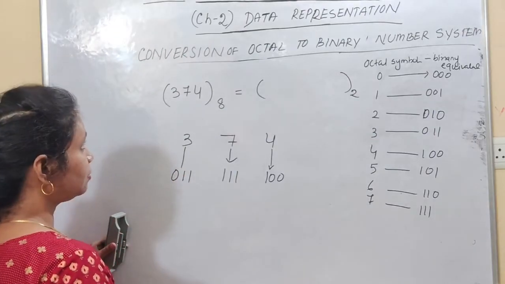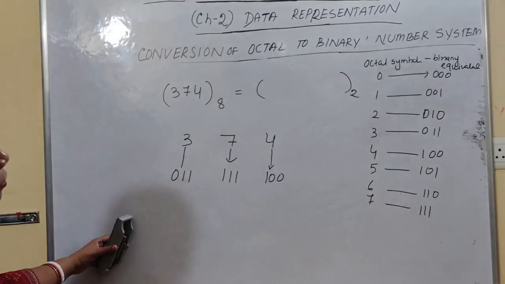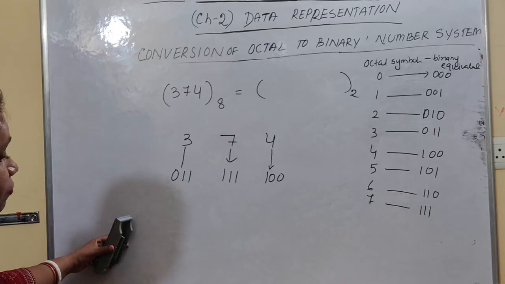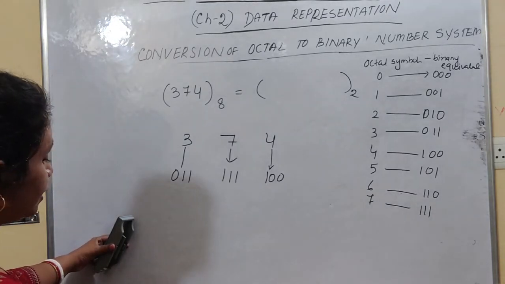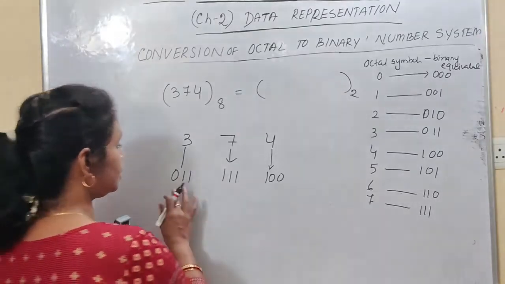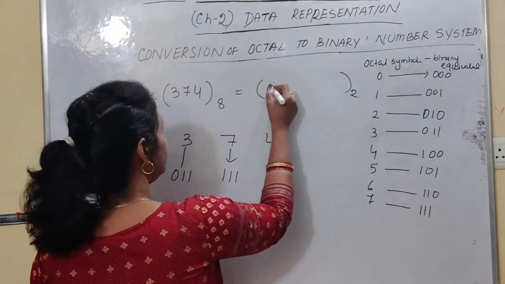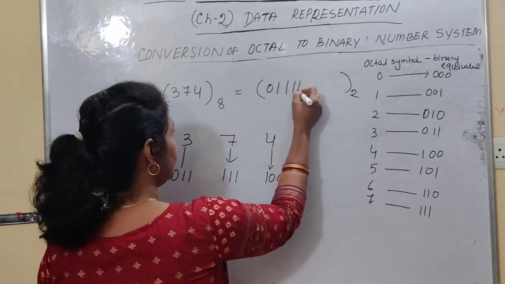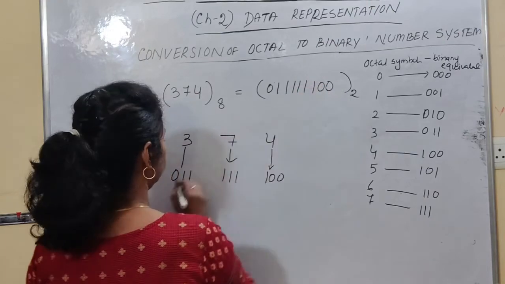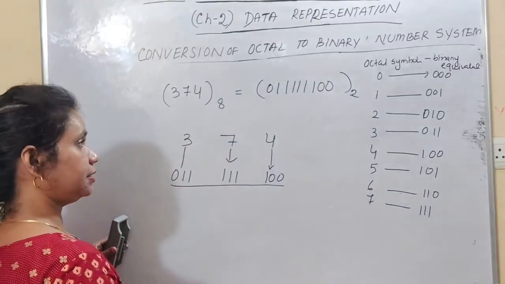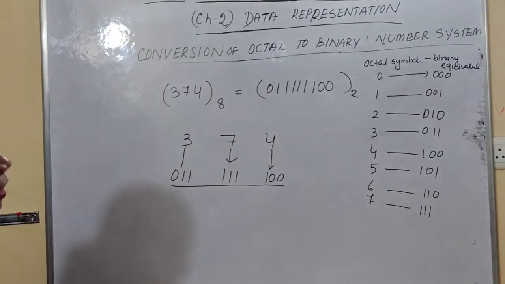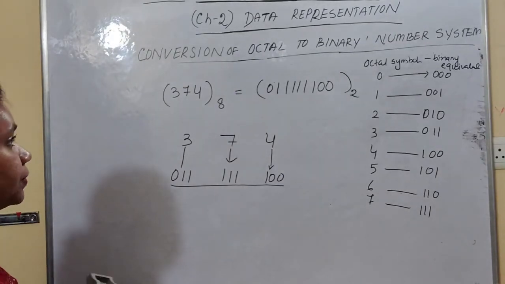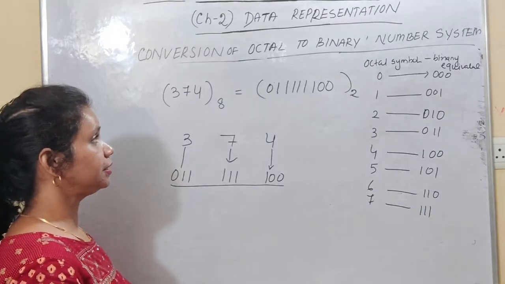After that, just write these bits: 011, 111, 100. In this way, you can convert any octal number to its equivalent binary number. Hope all of you understood the concept.